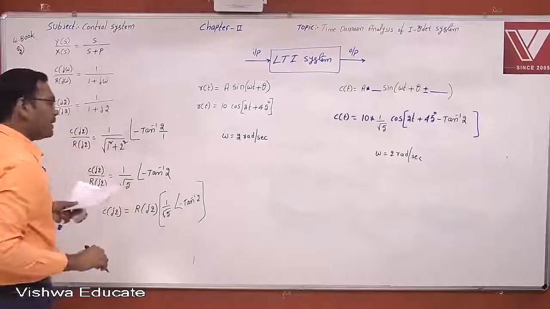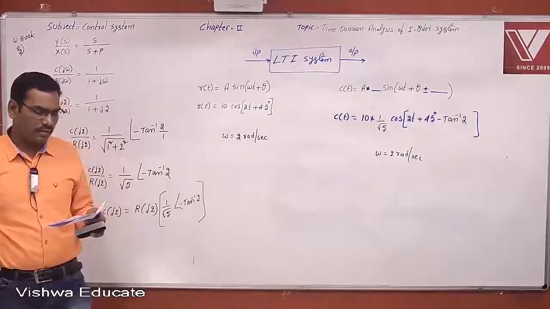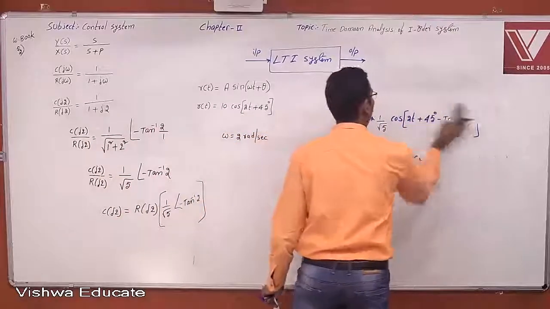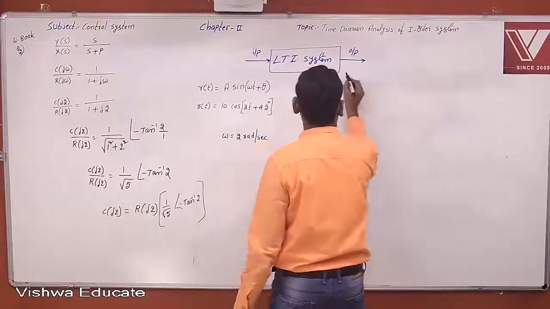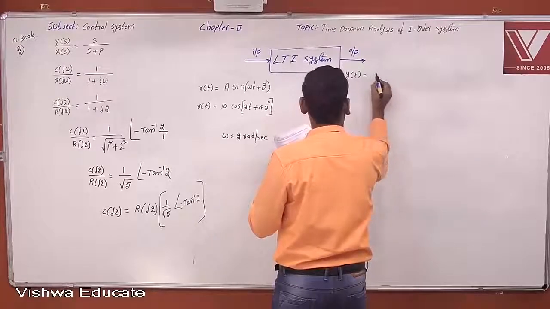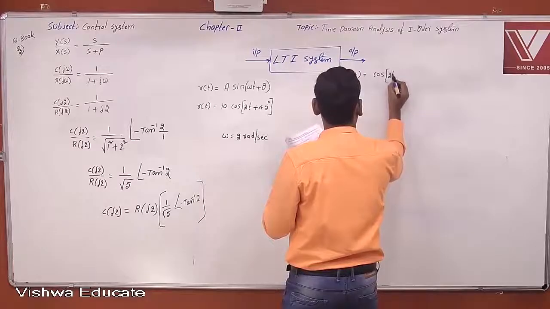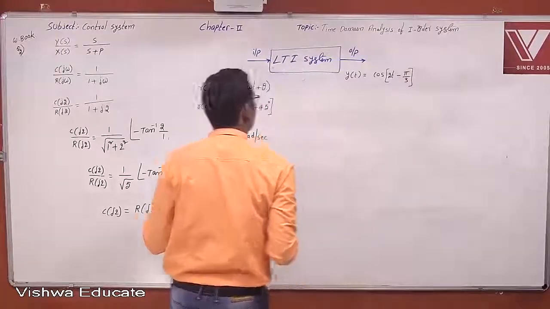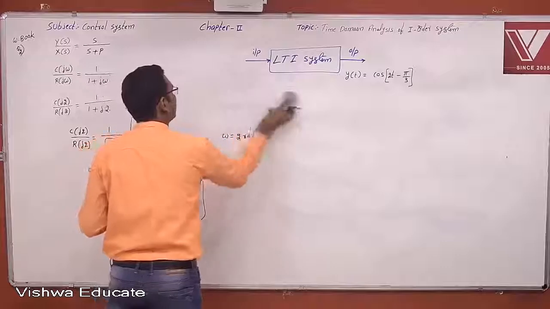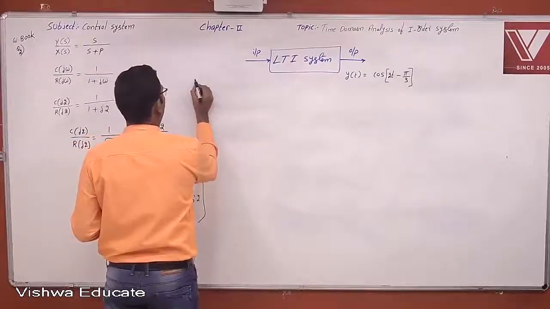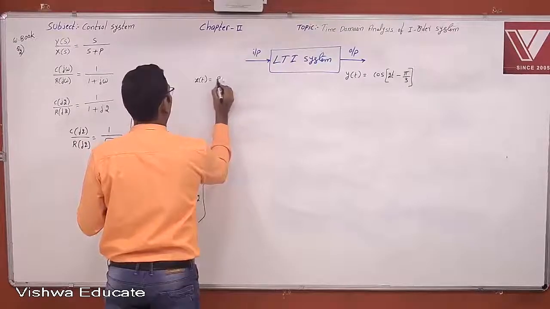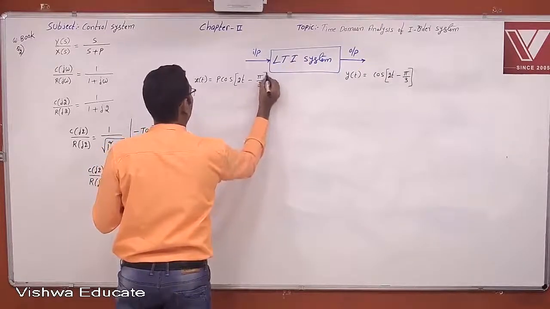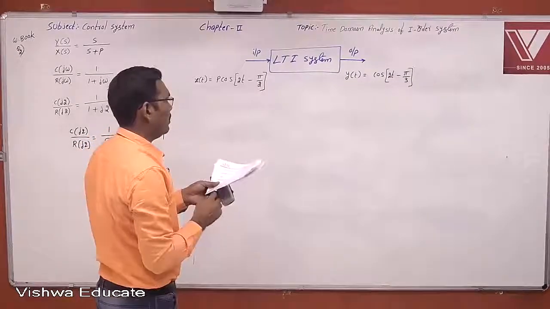In this question, the output is also given: y of t equals cos(2t minus pi by 3), and the input x of t is also given as cos(2t minus pi by 2).